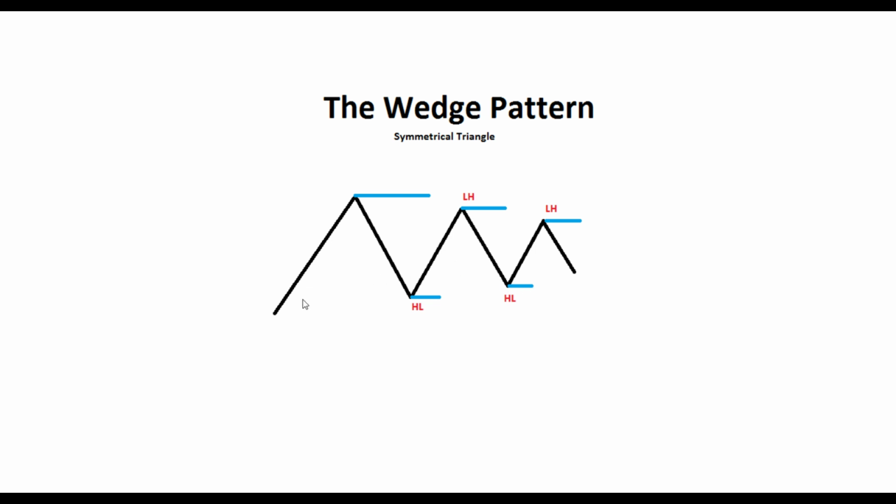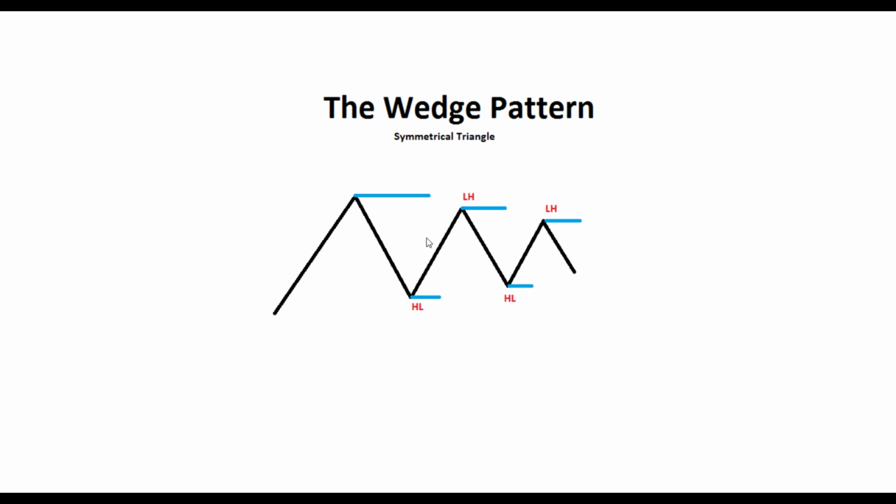Normally in any type of trend, let's say an uptrend, you'll have a higher high, higher low, and then a higher high to go along with it, and that keeps an uptrend going. And the inverse is in a downtrend. You'll have lower lows and lower highs, and then a lower low to go with that.